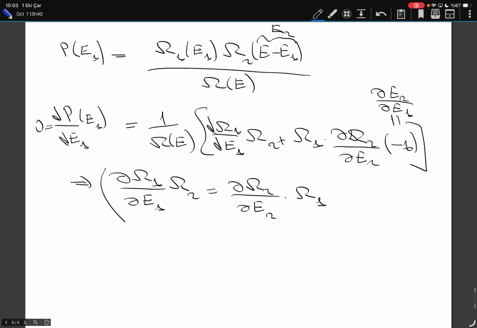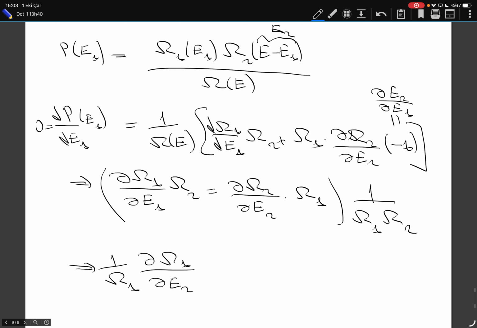Let me divide both sides by omega 1 and omega 2. So this tells me that 1 over omega 1 times the derivative of omega 1 with respect to E1 should be equal to 1 over omega 2 times the derivative of omega 2 with respect to E2.